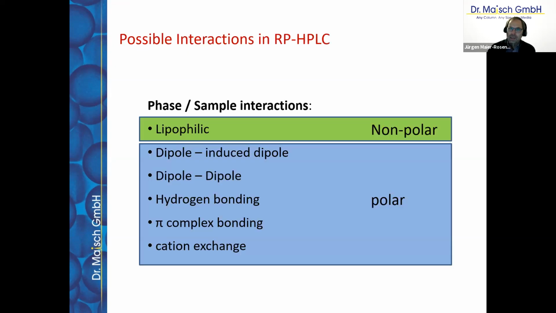Our main focus, of course, is reverse phase chromatography, because that's the most used chromatographic technique in the world, around 70%. If we look at the possible interactions, we have about 6 different interactions.